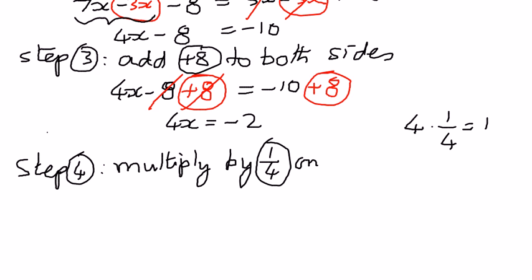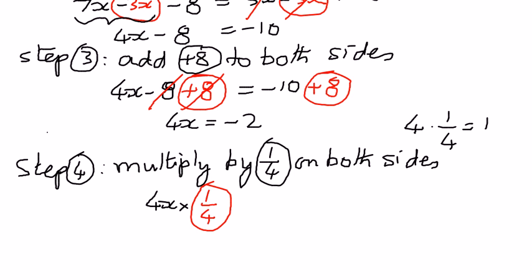We're going to multiply by 1 over 4 on both sides, and therefore 4x times 1 over 4 is equal to negative 2 times 1 over 4.